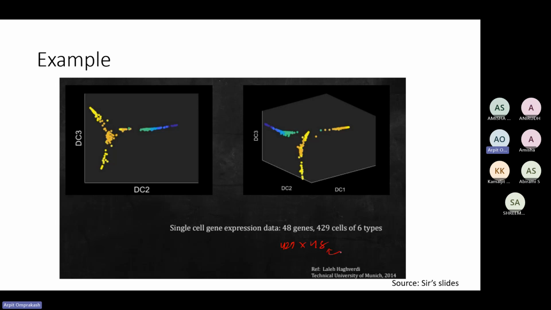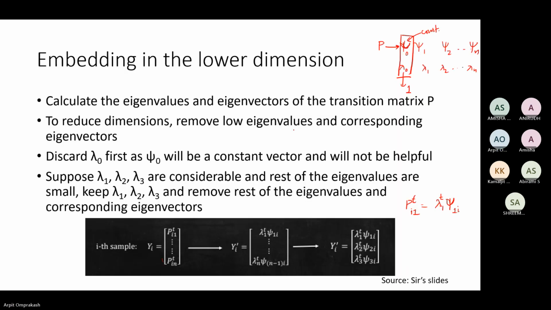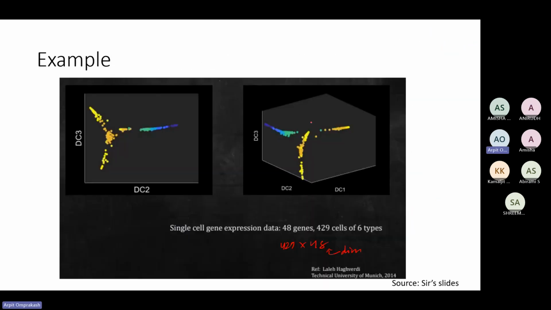This is our initial dimension, 48. Now they have reduced it to 3 dimensions using diffusion distance and diffusion map, and then again reduced it to 2 dimensions using these two components. The color is according to the cell types.